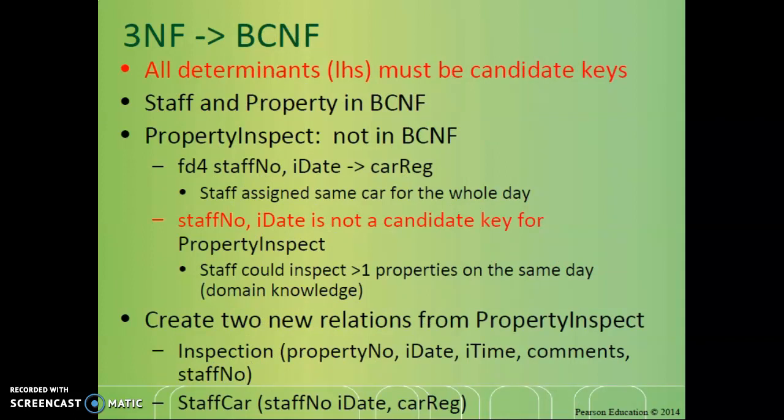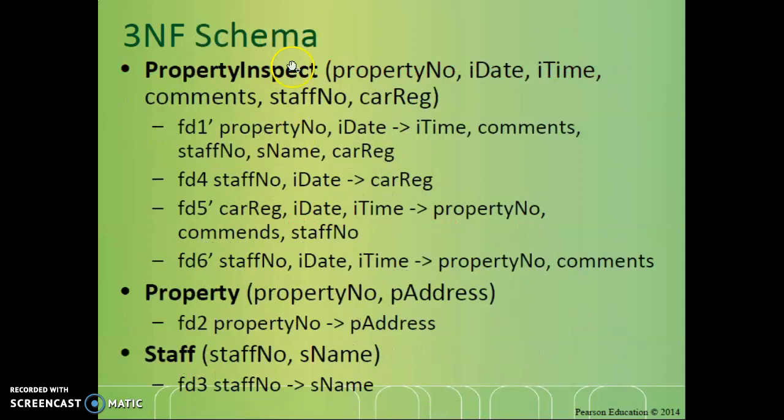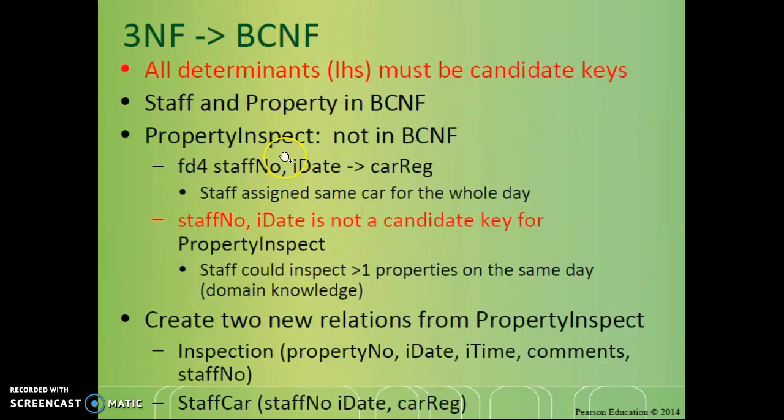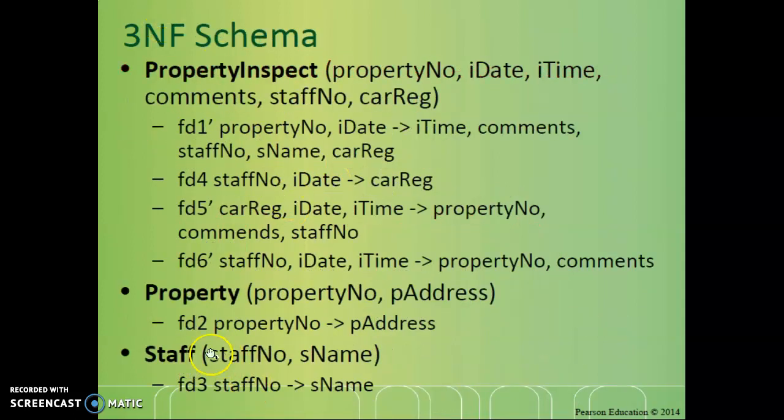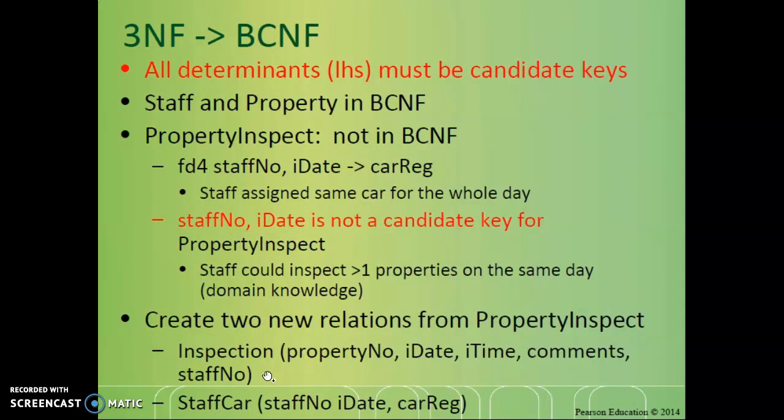We now examine the property, staff and property inspect relations to determine whether they are in BCNF or not. So whether these three tables are in BCNF or not, that is what we are going to check. So what is the definition of BCNF?